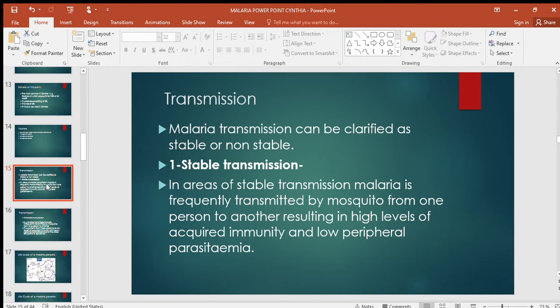This simply means that in stable transmission, there are a lot of malaria cases, so malaria is easily transmitted from one person to another, and as a result these people develop an acquired immunity and even have a lower peripheral parasitemia because of the frequency of malaria cases in those areas. That is what we call stable transmission.